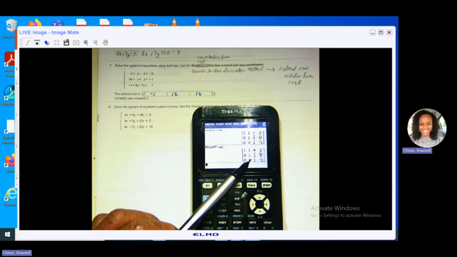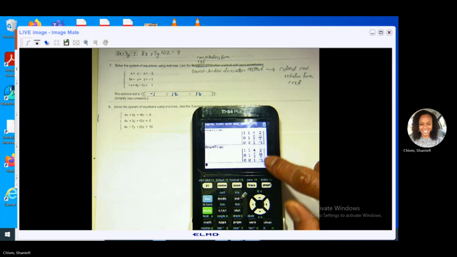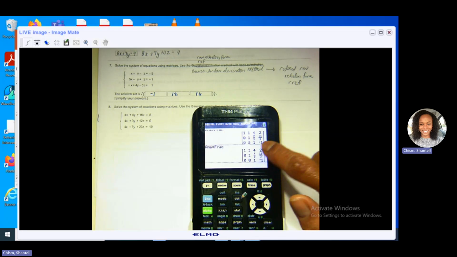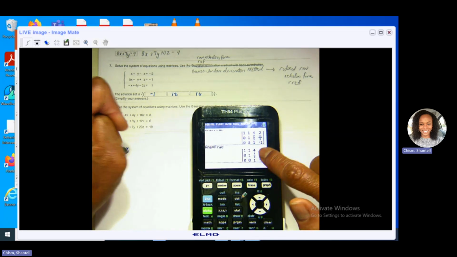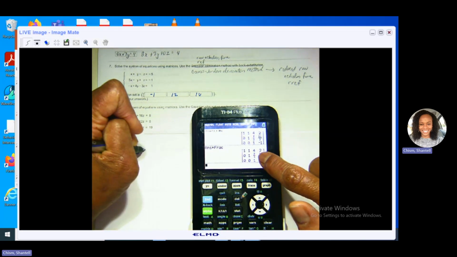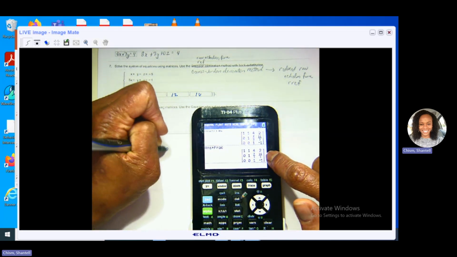As you can see, the equations that would be formed from each of these rows would require some extra work, okay? Let me show you. Starting with the top equation, it would be 1x plus 1y plus 4z equals 2.